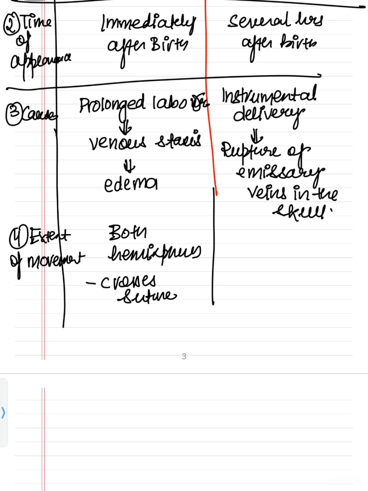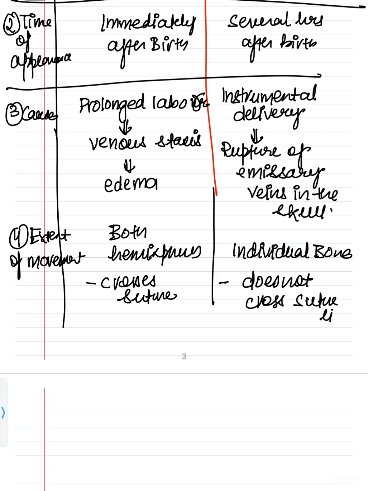So whenever it is saying the suture lines are crossed, it is caput succedaneum. But when it is saying that it is limited to an individual bone, and it does not cross suture lines, it is cephalhematoma.